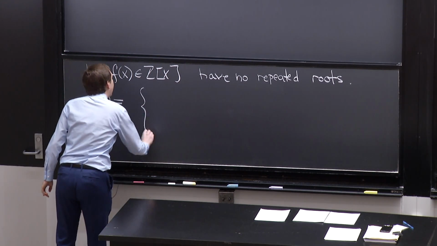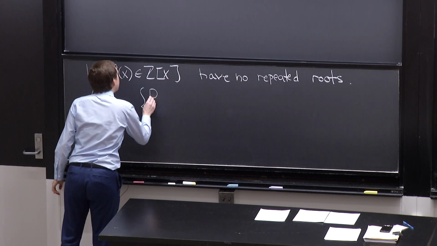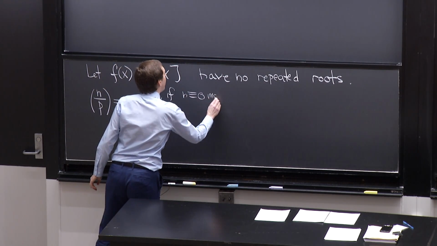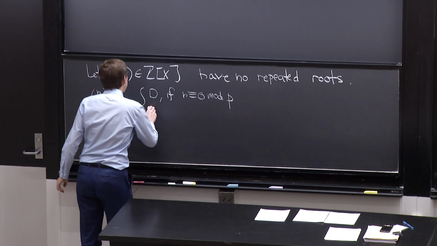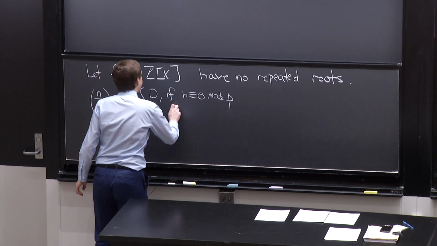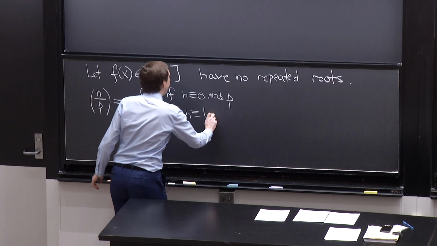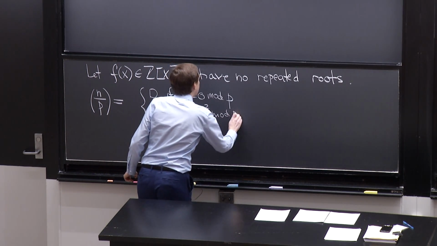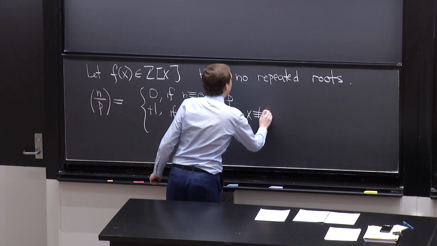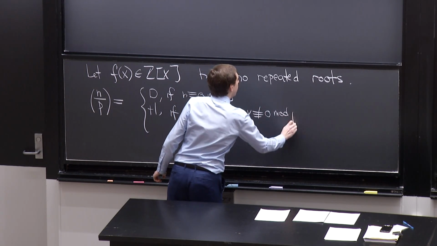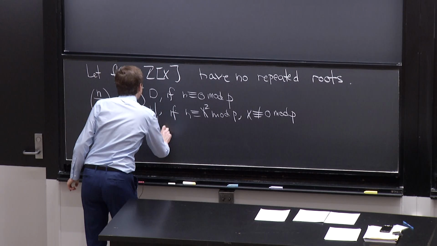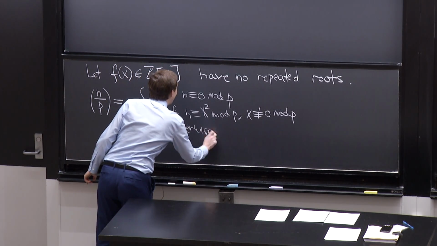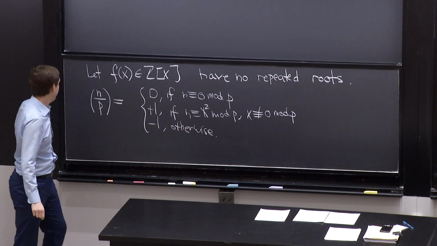This is given by 0 if n is congruent to 0 mod p, plus 1 if n is a square mod p and n is not congruent to 0 mod p, and minus 1 otherwise. So this is just the indicator function for which numbers are squares mod p.